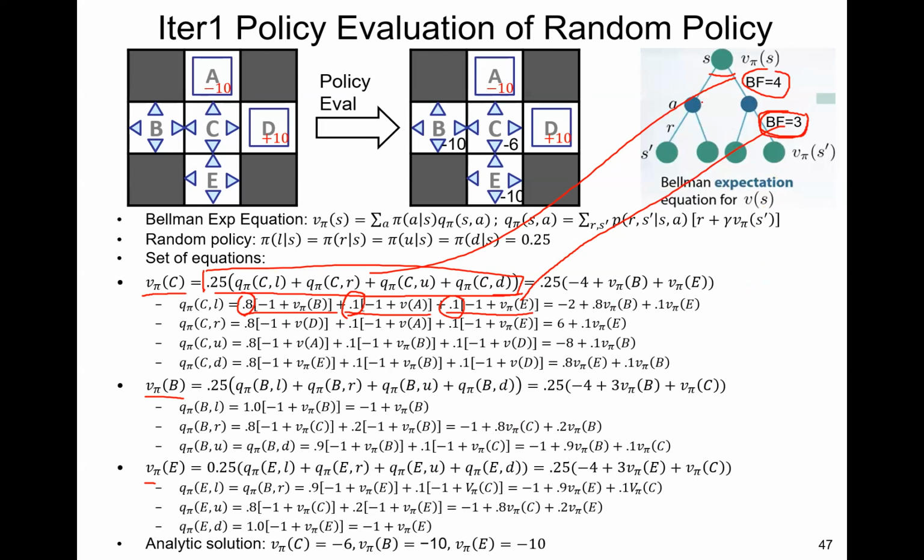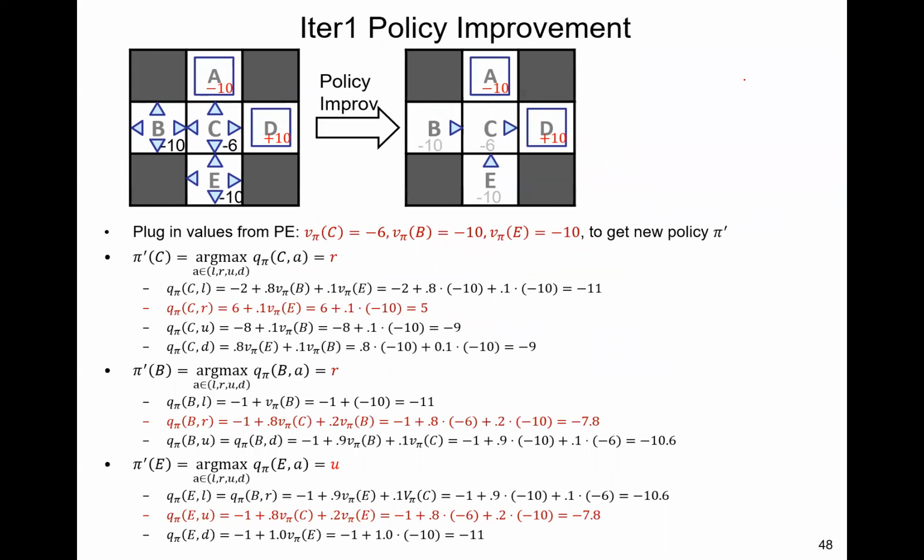So this is the policy evaluation of a random policy for a non-deterministic environment, where you take expectations at both levels. Now, policy improvement: you take the argmax over the 4 possible actions from every state, and take the action that gives you the best Q value.